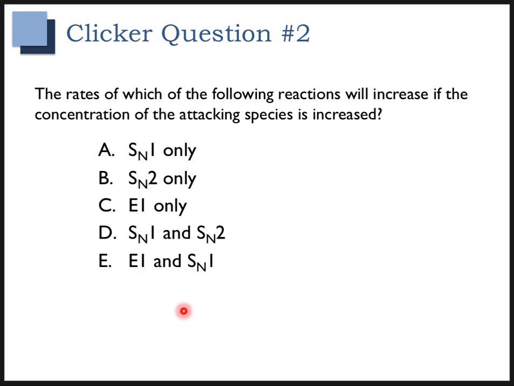Okay, why don't you give this clicker question a try? Keep in mind that even though we haven't gone over the E1 in this chapter yet, we did go over the E1 previously. So just try to give this one a try.